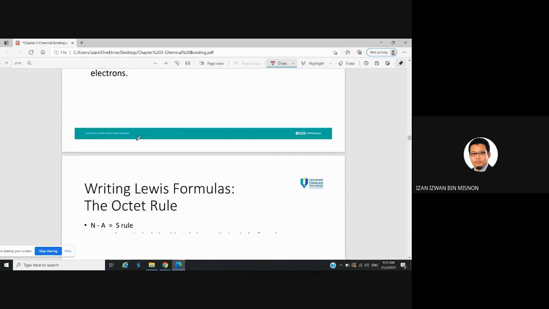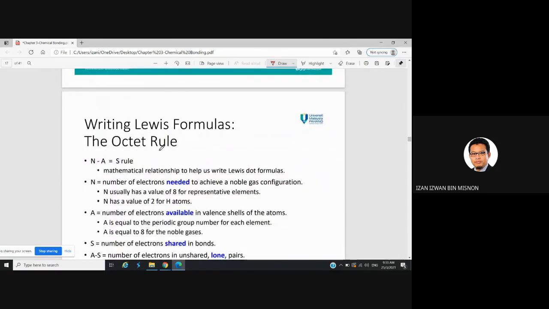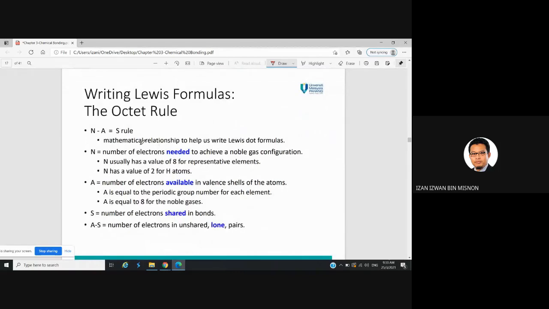Okay, so there is a rule called the octet rule. This is the formula: N minus A equals S, NAS. N is the number of electrons needed to achieve a noble gas or octet configuration. N usually has a value of 8 for all of the elements, except N has a value of only 2 for hydrogen.